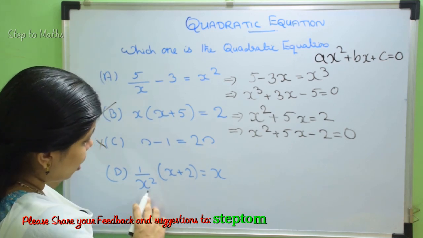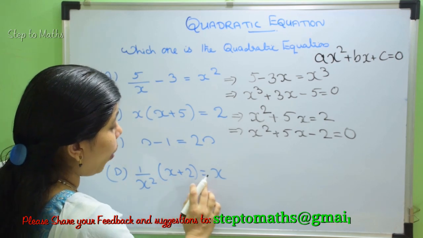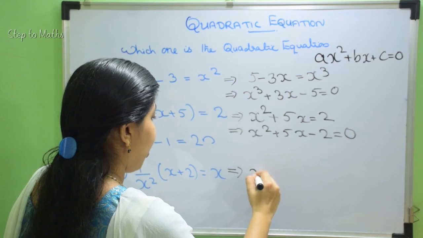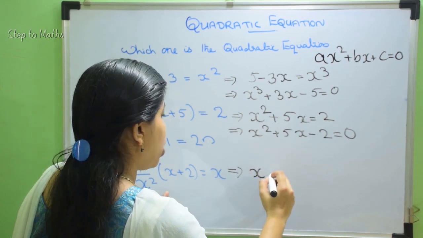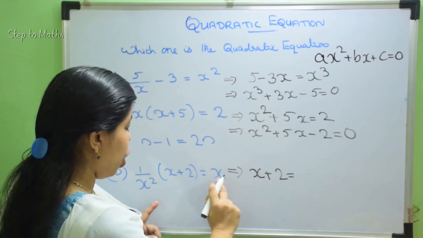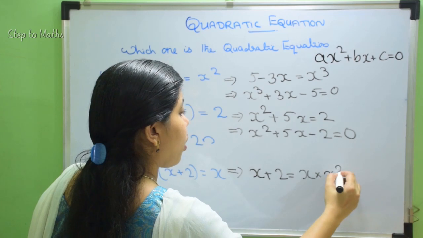Then consider the last equation. 1 by x square into x plus 2 equal to x. How can we rearrange this equation? x plus 2 equal to x into x square.